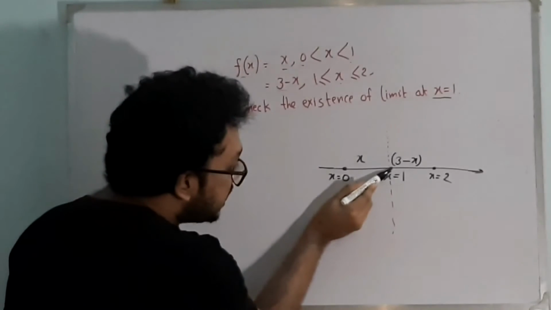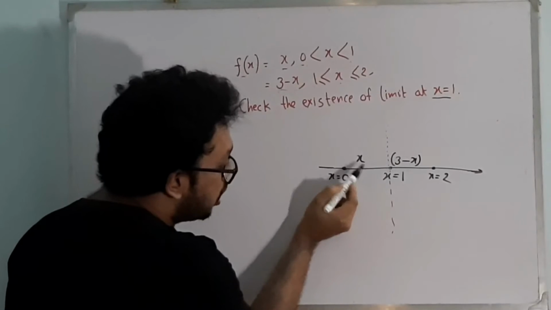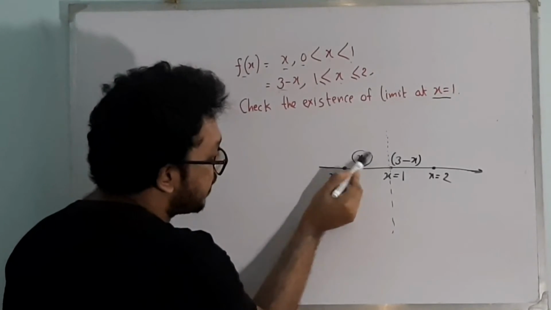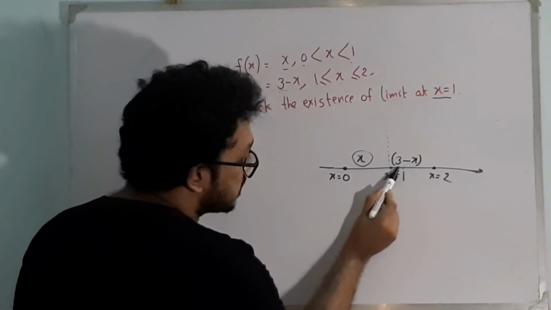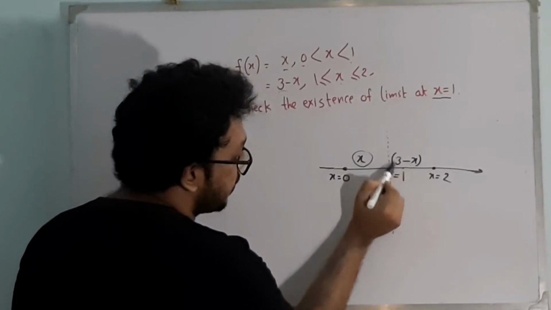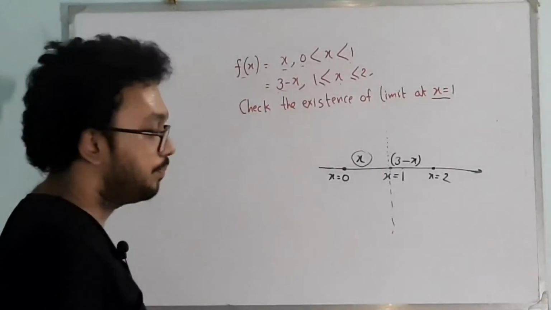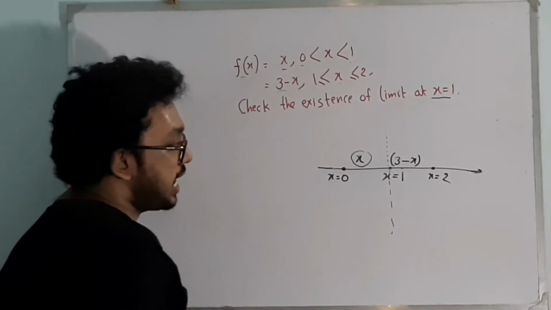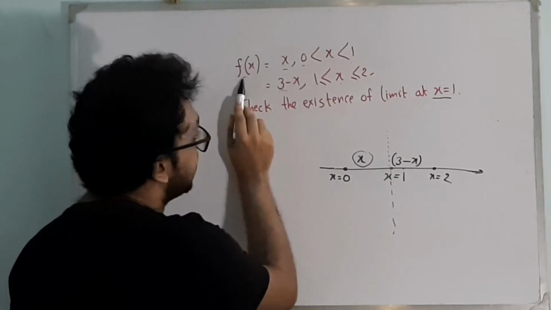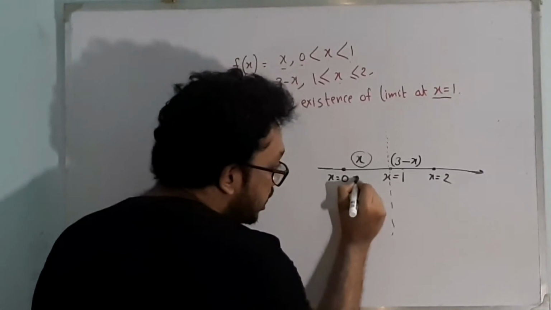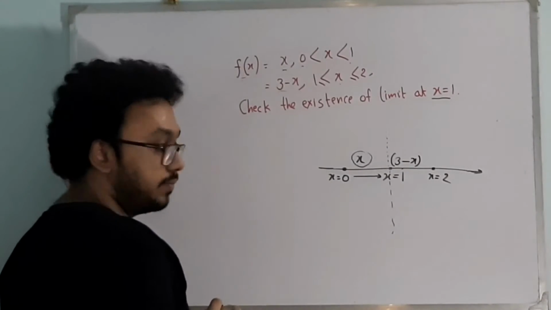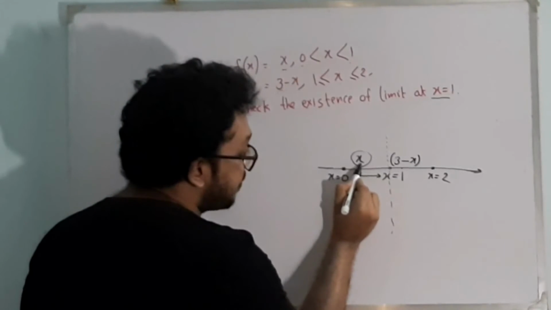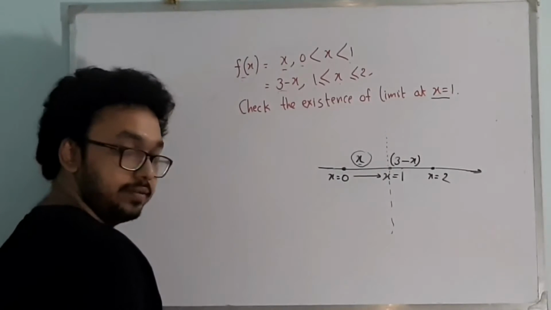So just in the left hand side of x equal to 1, the expression of f(x) is x, and just in the right hand side of x equal to 1, the expression of f(x) is 3 minus x, right? So when we check the left hand limit of the function f(x) at x equal to 1, we are approaching x equal to 1 from the left hand side, so we will take f(x) as x.